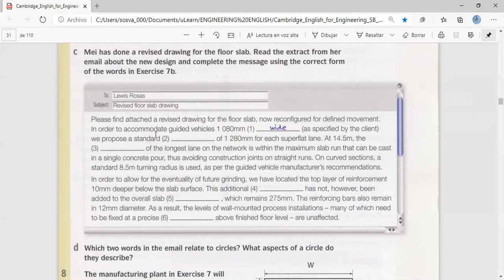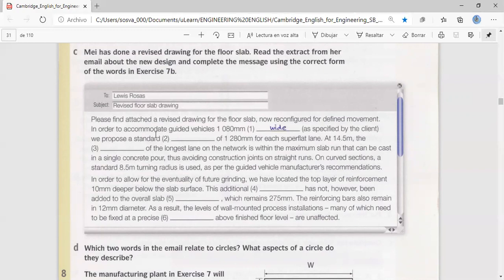This is the email. So, you might remember that at the end of the conversation, Lewis said that they will look for another design for the super flat floor of the manufacturing plant. And in this case, May got an idea and she sent an email to Lewis.